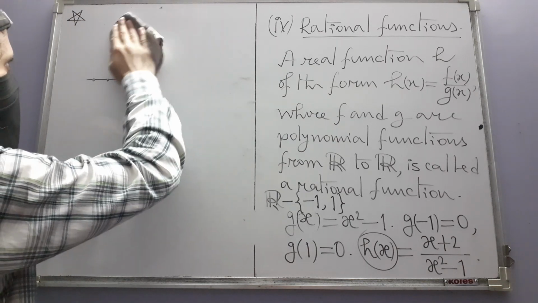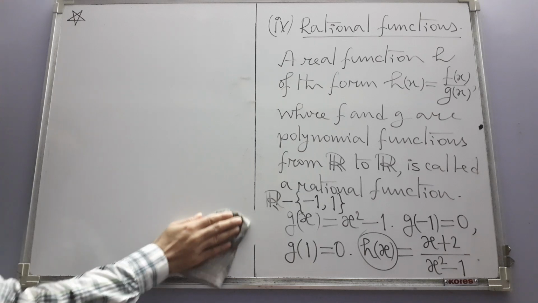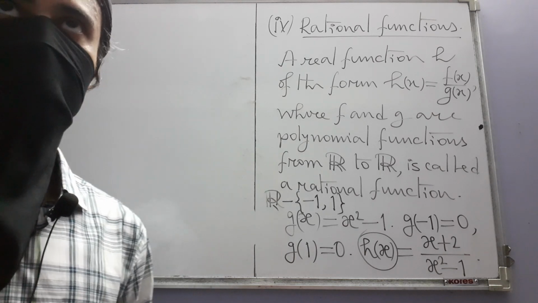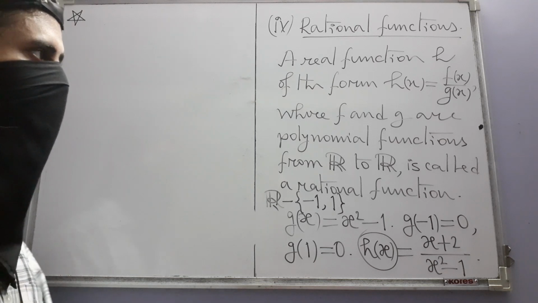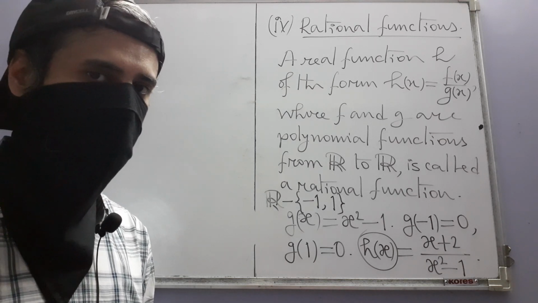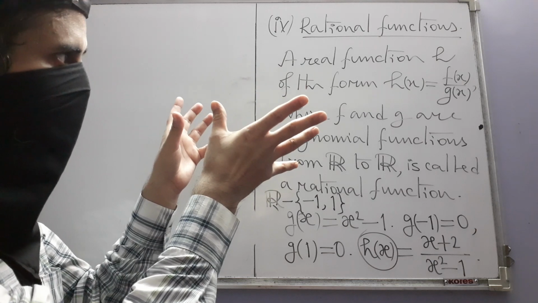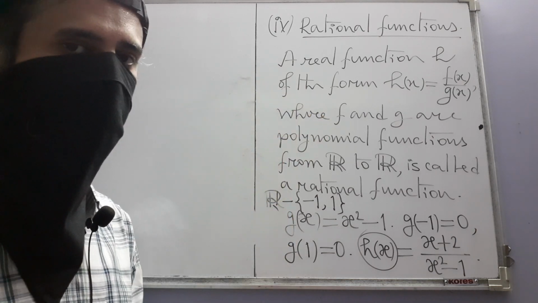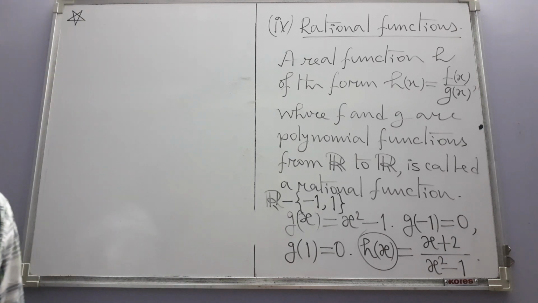Now note that I said another more general class of functions is rational functions. Does that mean that polynomial functions are also rational functions? Yes. This class of functions contains the class of polynomial functions inside of it as a subclass. Why?